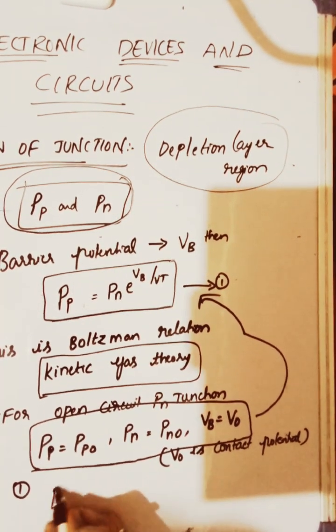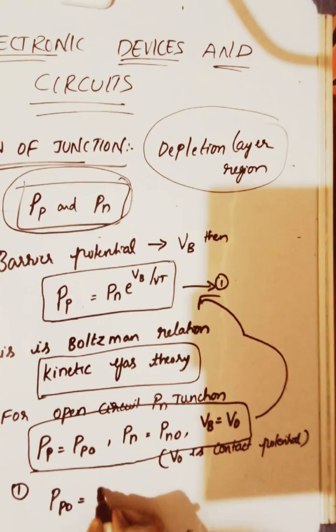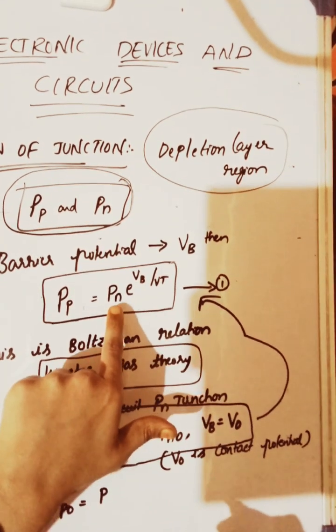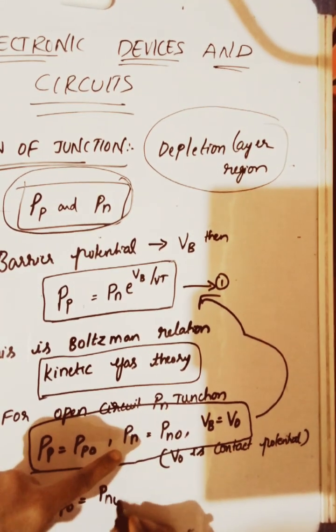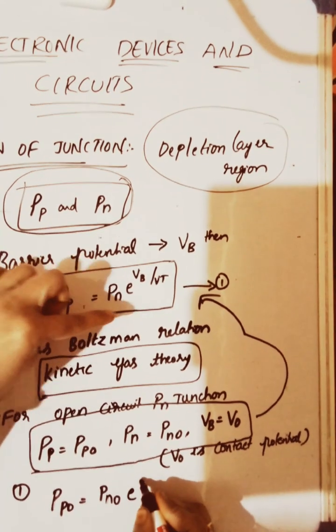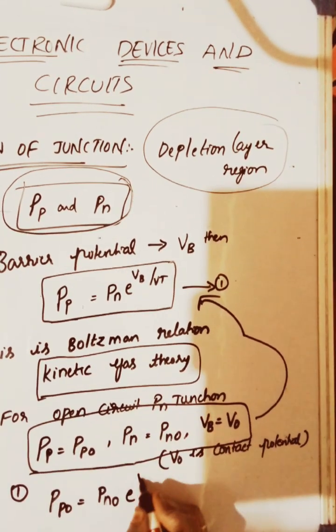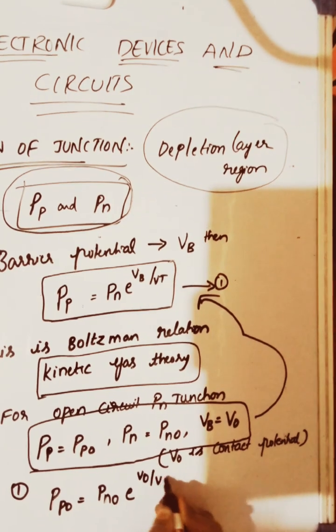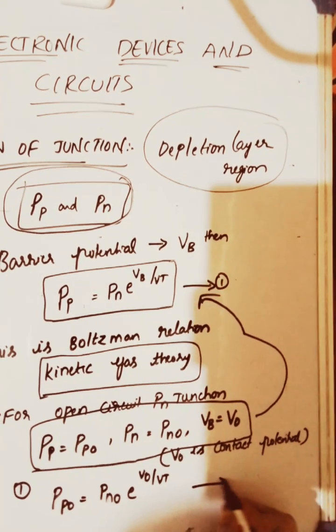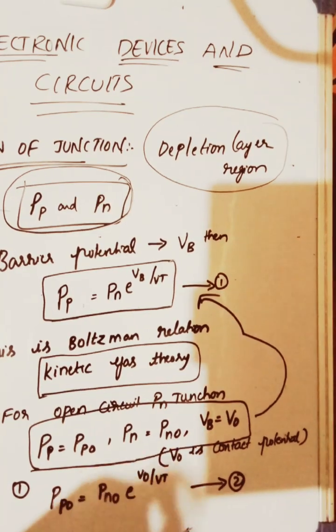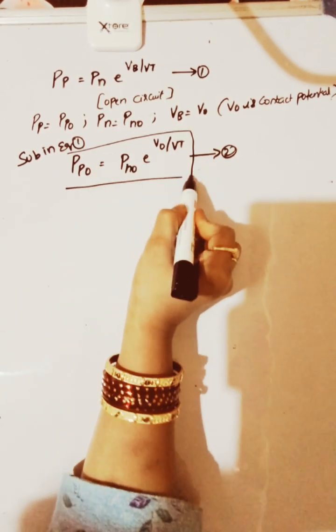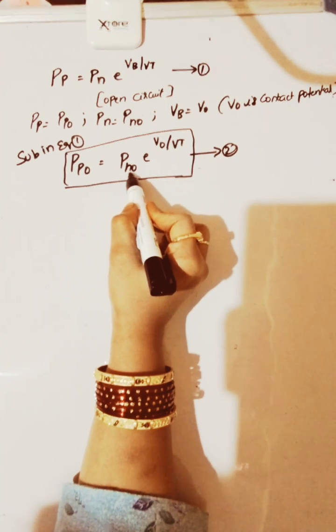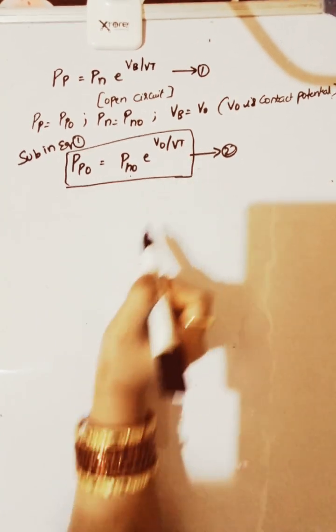We will get PP naught is equal to PN naught e to the power of V naught by VT. This is equation number 2.